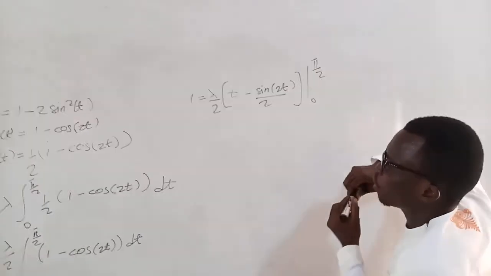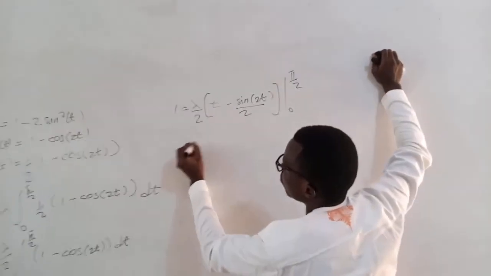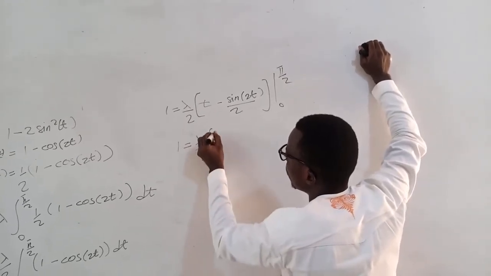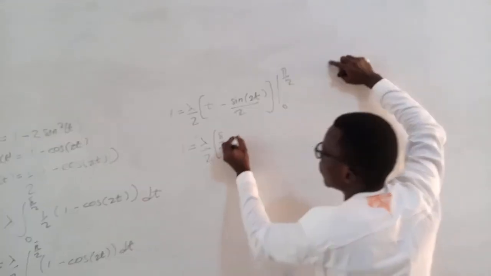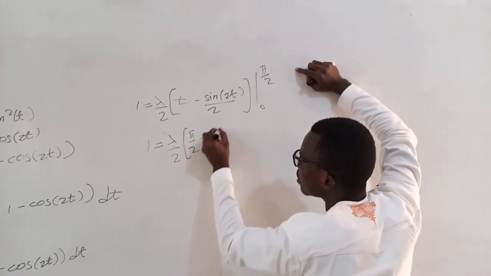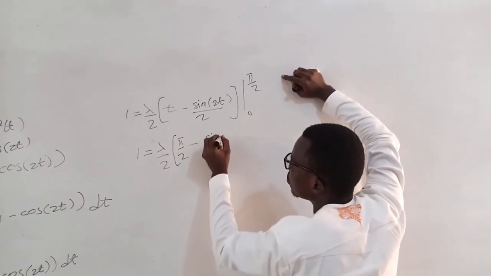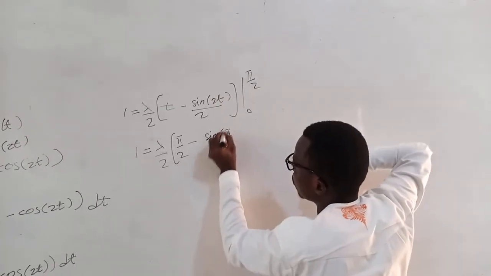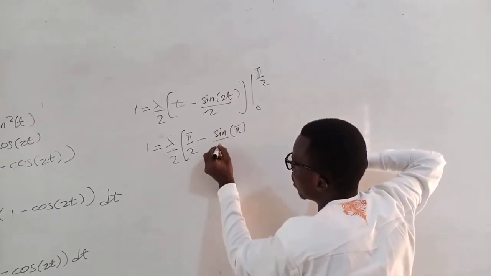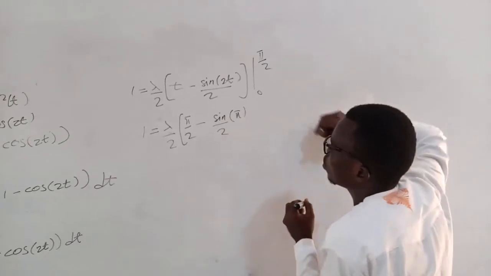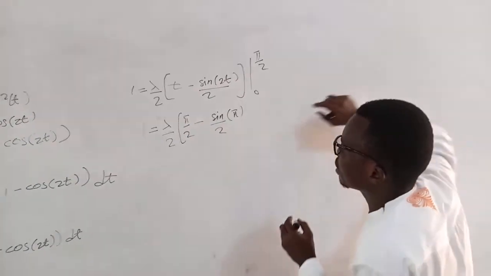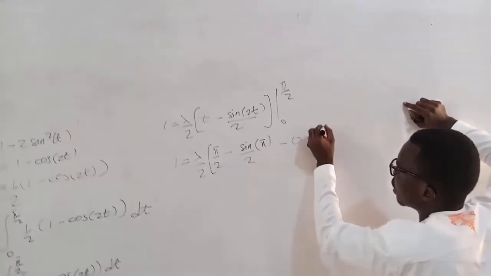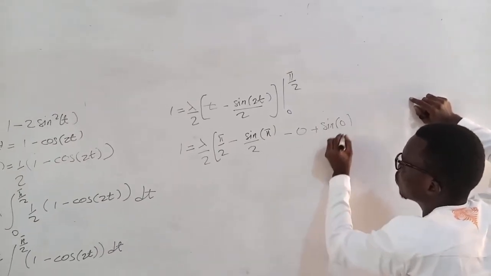So wherever you see t, you replace it by pi on 2. We're going to have 1 equal to lambda over 2 times pi on 2 minus sine of pi on 2 times 2, which becomes pi, all divided by 2. Wherever you see t, you replace it by 0. It becomes minus 0 plus sine 0 divided by 2.